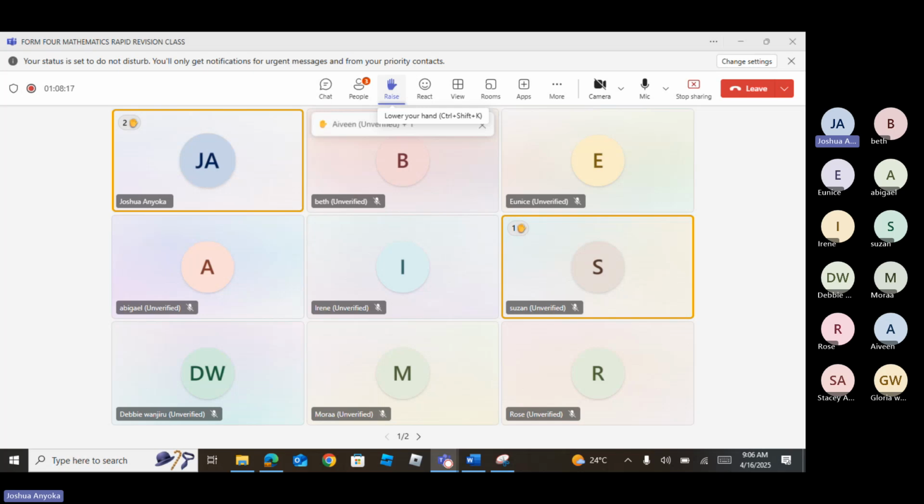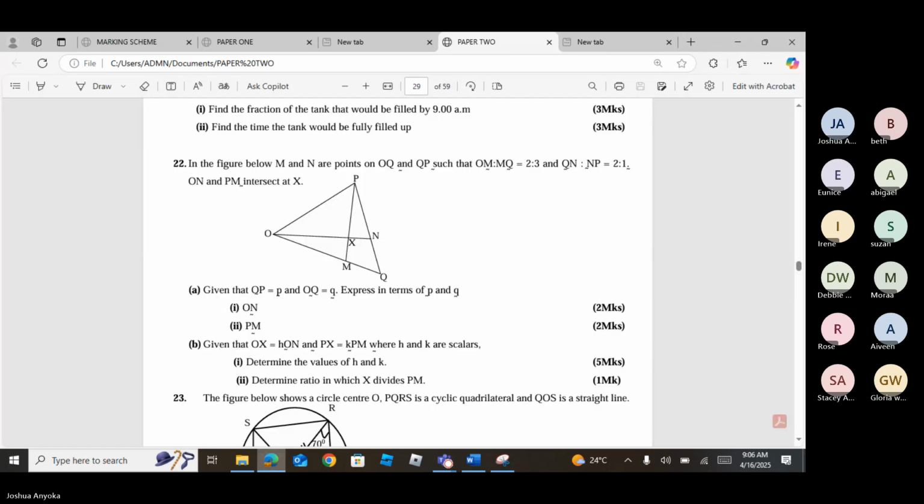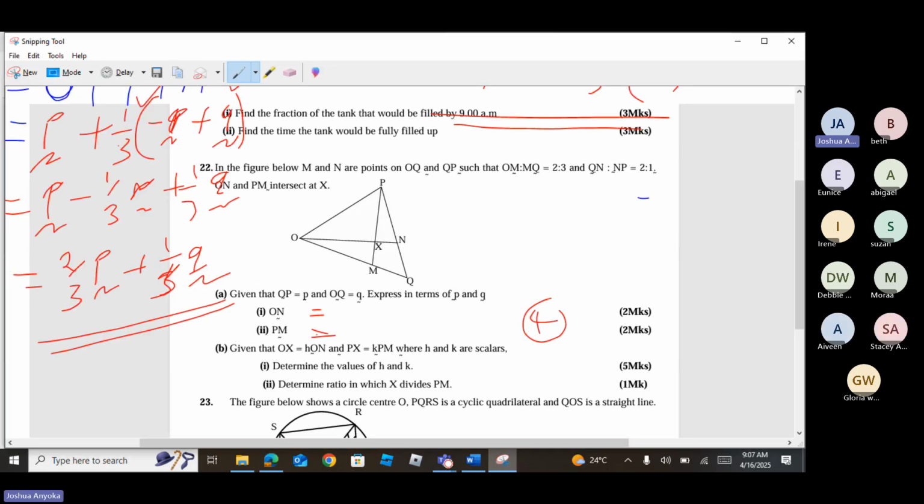We get back now to another section. B. Given that OX is HON and PX is equal to KPM, where H and K are constants.